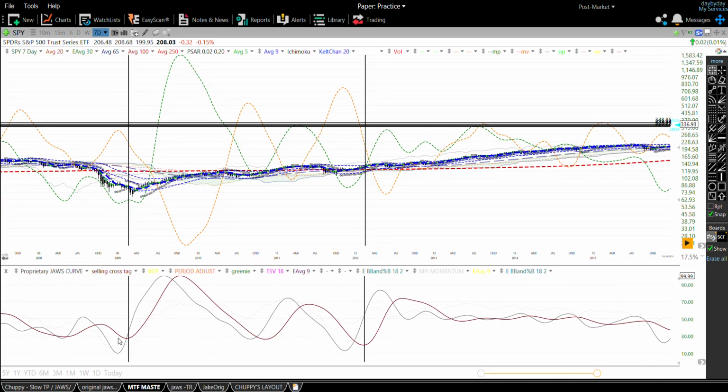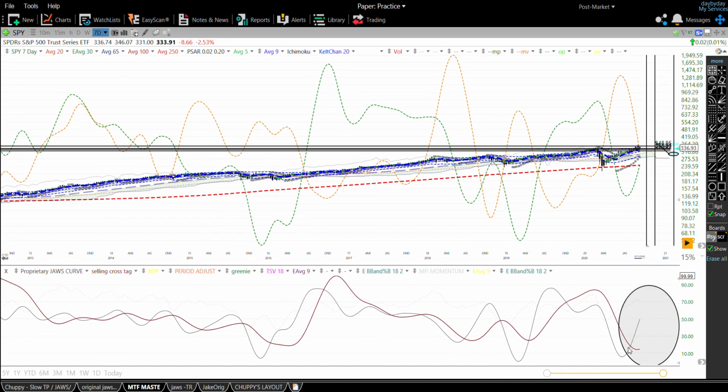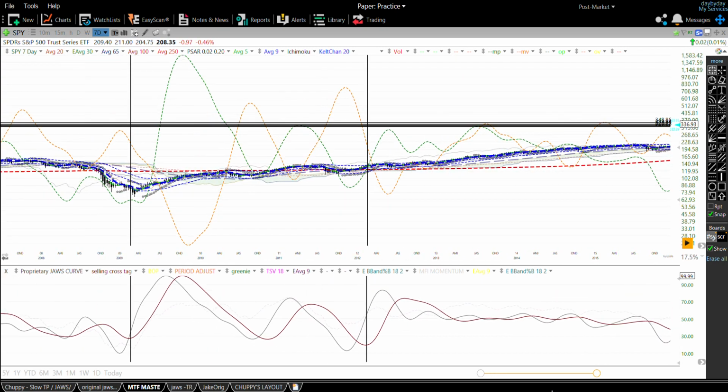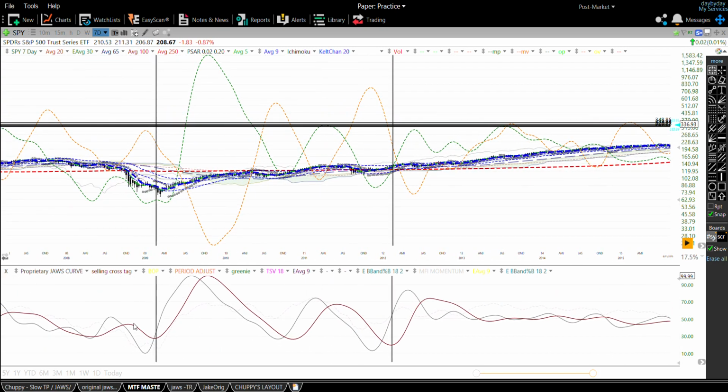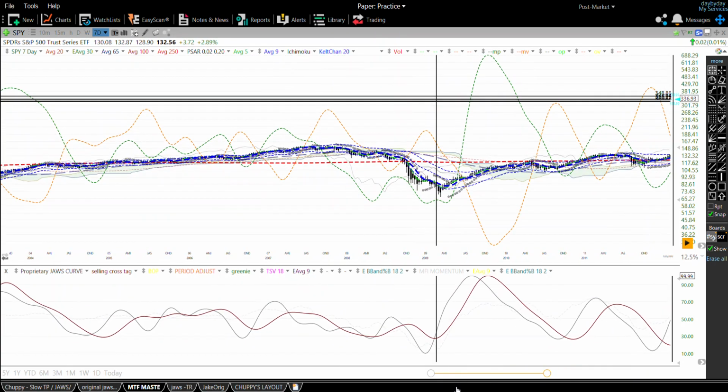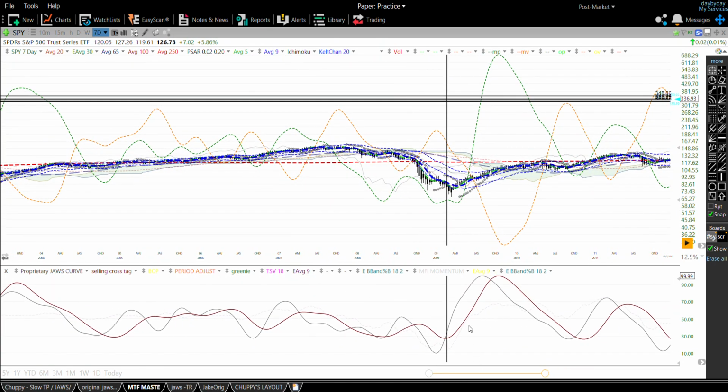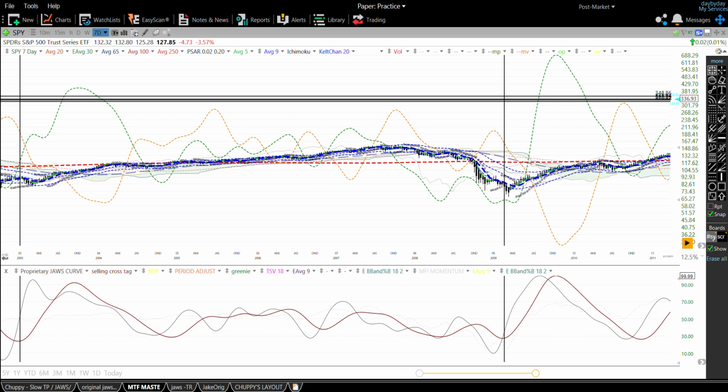We've got a case like this, which again, the red is curving up, the gray has already started its ascent. In this case, it's a little bit of a different pattern, but in terms of the way that it's heading, looks similar.